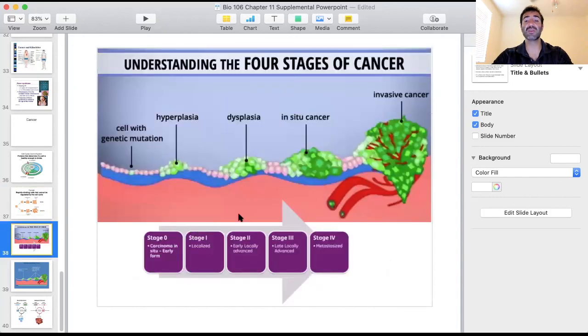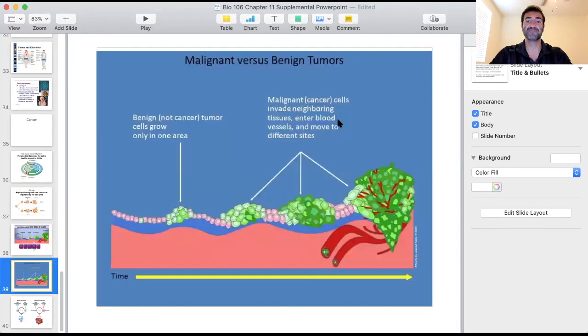But what's also scary about them, and this is just for your own knowledge, it isn't what you're going to be tested on, is that they actually can send out signals that call for blood vessels to be made. And if that's the case, then these cells can grow even faster, because now with the blood supply, they have more nutrients in order to grow.